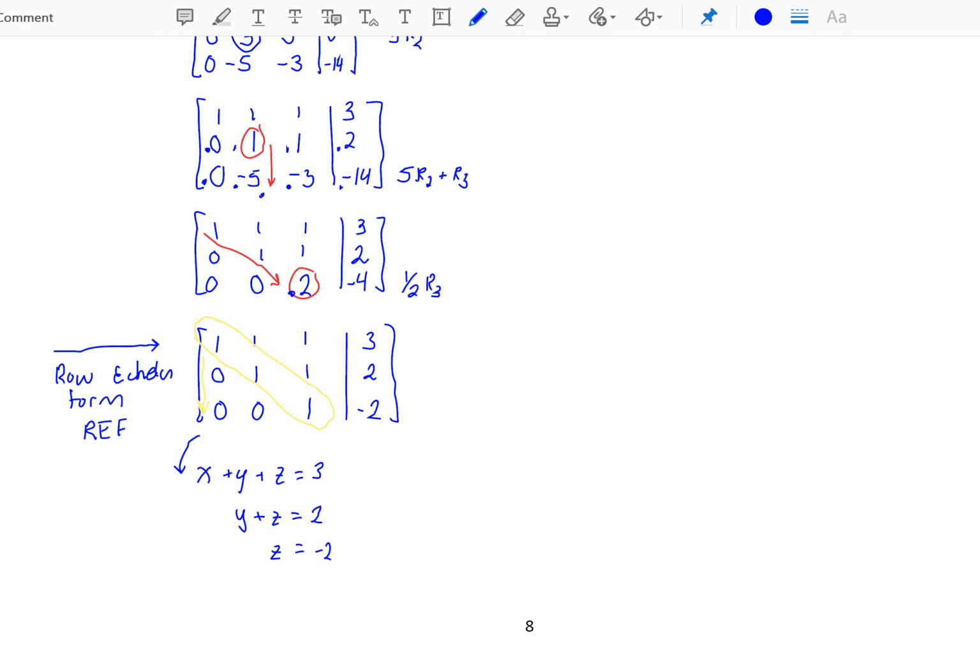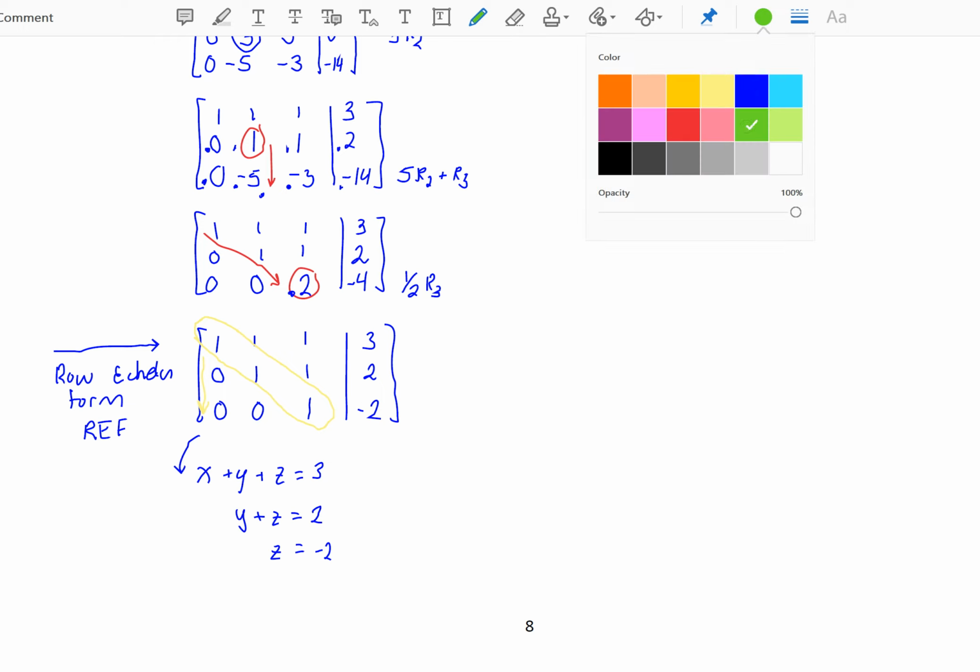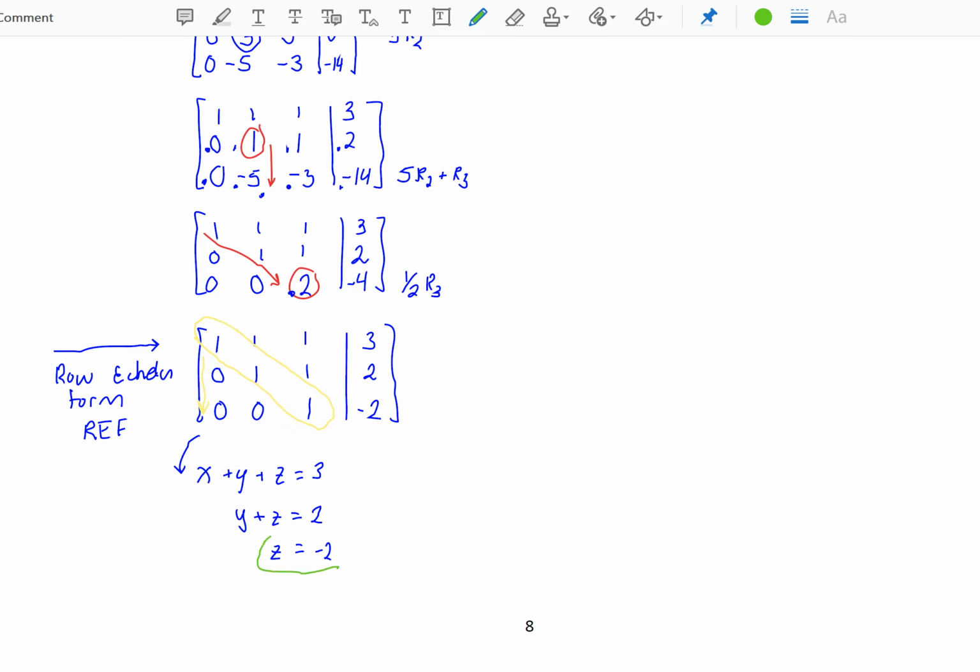And this form could be used to solve your system of equations. At this step, you could say, well, z has to equal -2. And if z equals -2, you could plug that in, and then you could determine what y is. And if you know y and z, you could plug those in here, and then you could determine what x is.